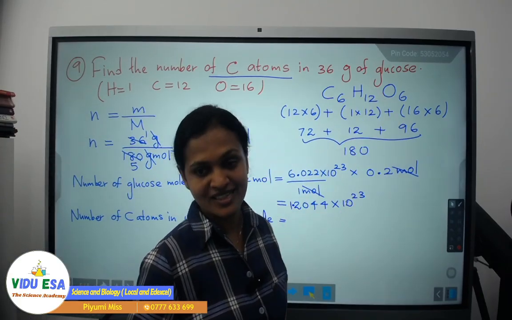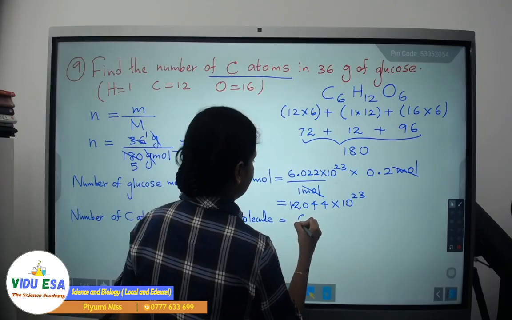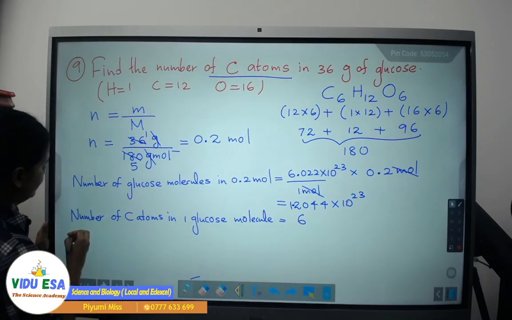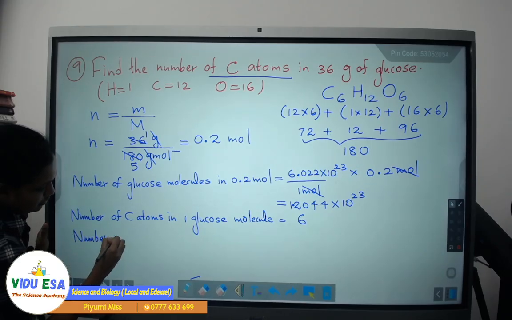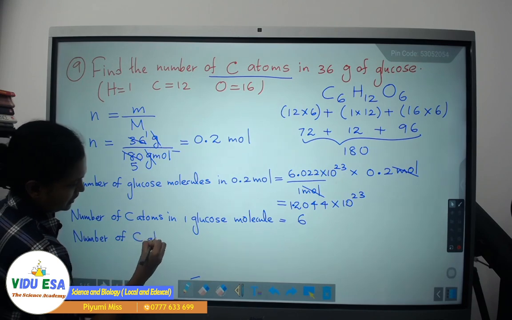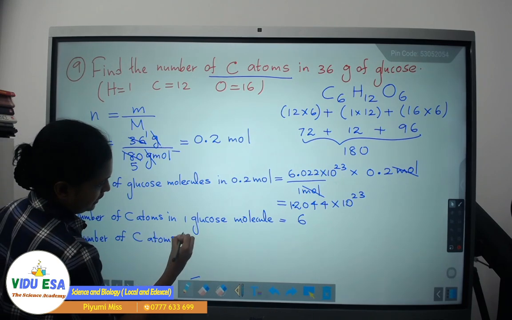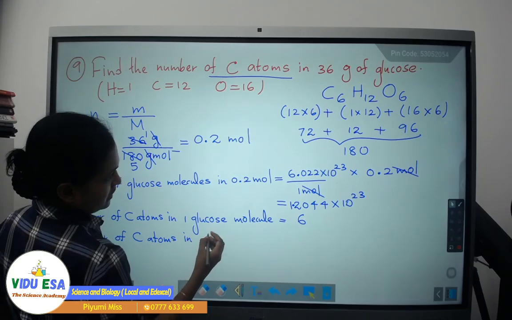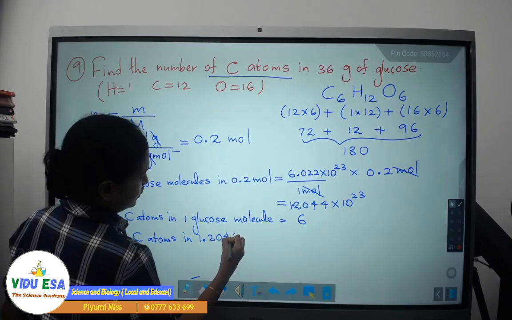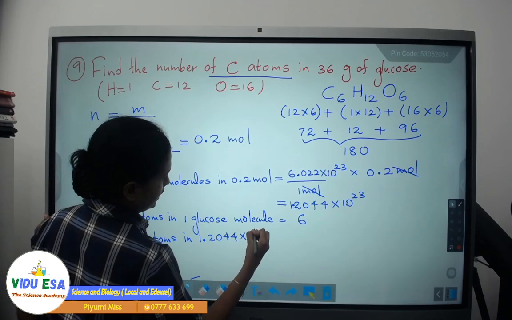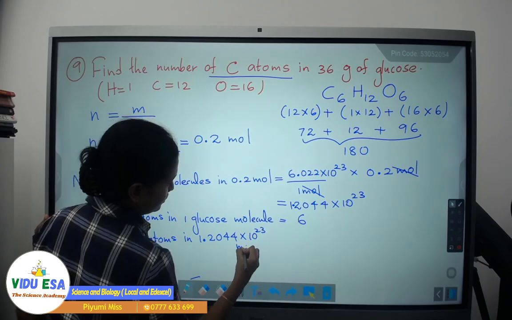That is 6. And the number of carbon atoms in 1.2044 into 10 to the power 23 number of molecules.